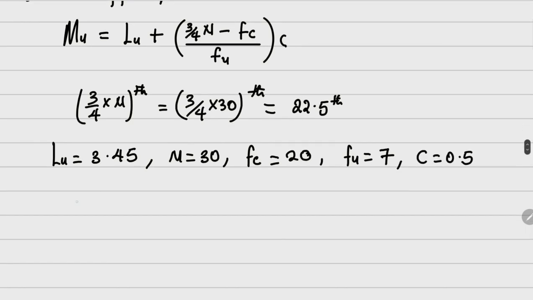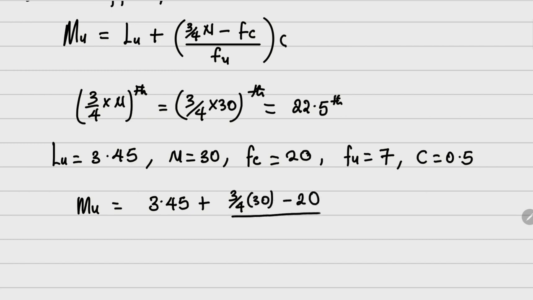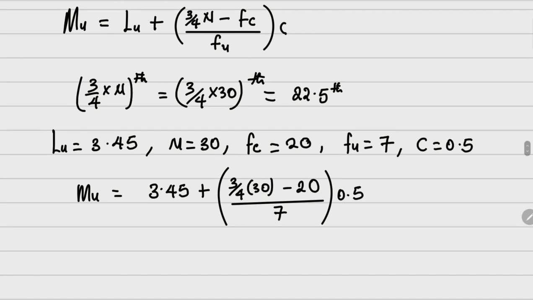Now working it out, since we have everything, our MU, which is the upper quartile now, will be 3.45 plus I have 3/4 into 30, okay, minus 20, everything here over 7. Then of course everything here is multiplied by 0.5.